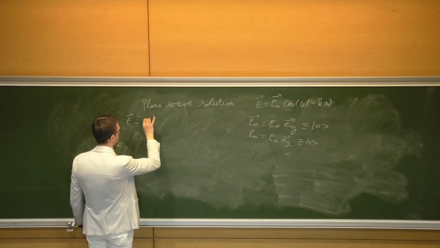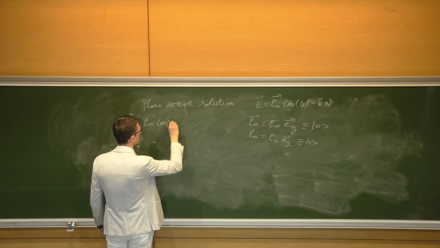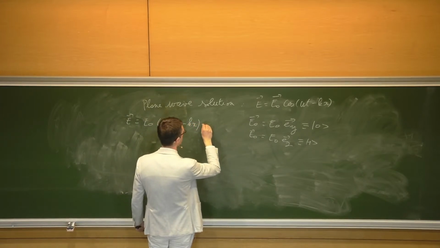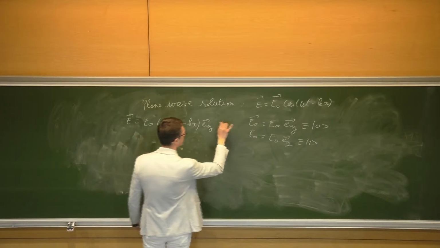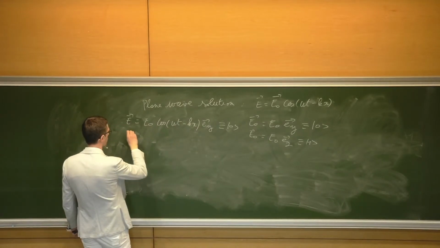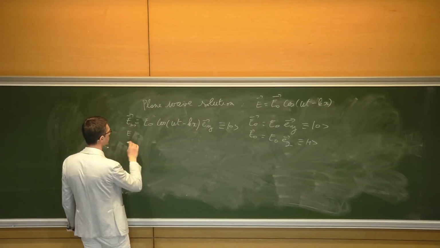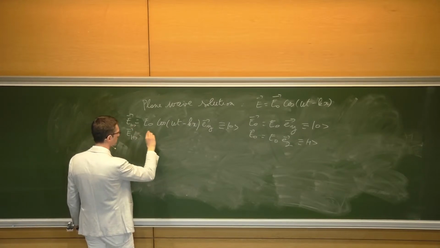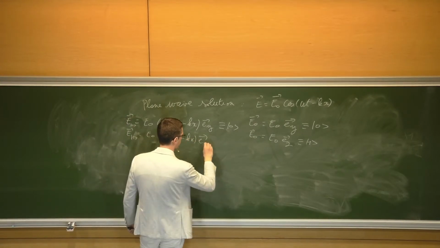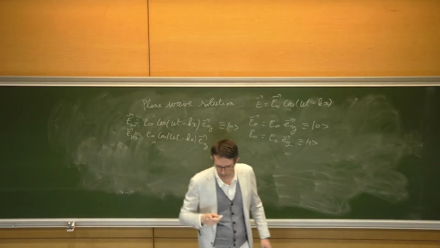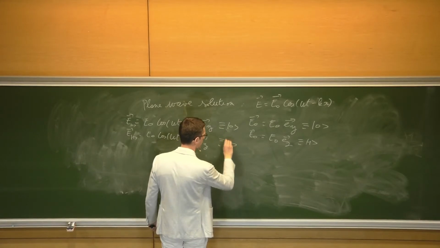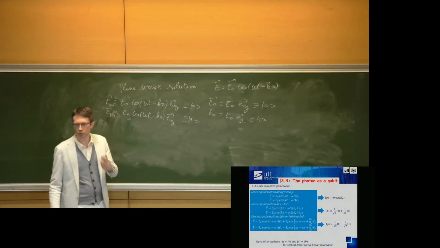E equals E0 cos(omega t minus kx), along EY, and this is 0. For the other one, this would be E1. I've got the same thing, except that now I oscillate in the Z. So we said X, Y is like this, and Z is like this. That could be 1, our qubit state 1.